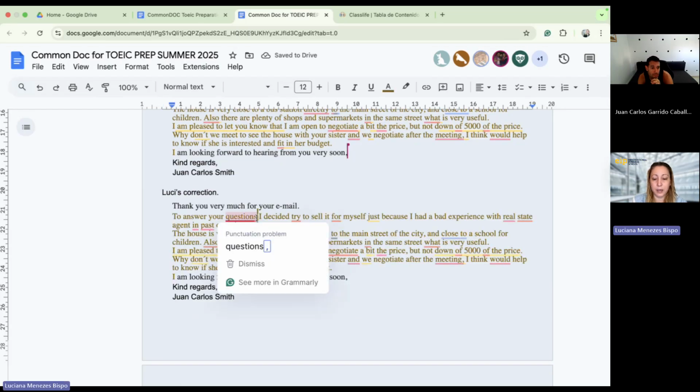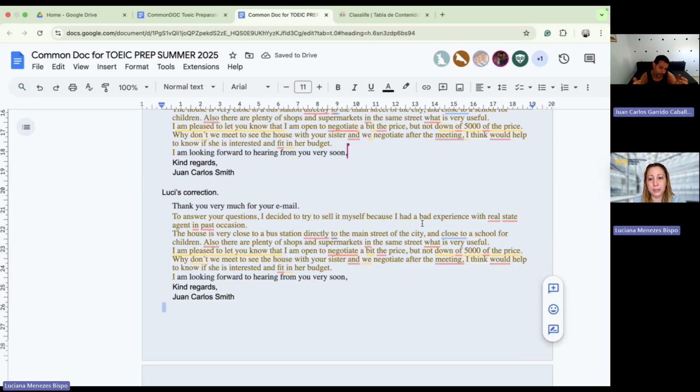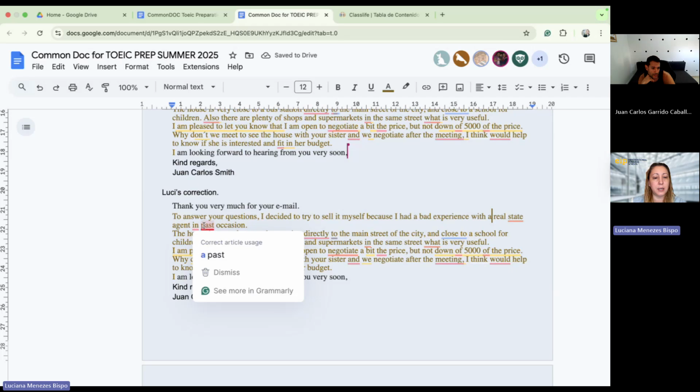Okay, I agree. I decided to try to sell it myself. I don't think you need the preposition. Just because, okay, this is Spanish. Solo porque, right? Because I had a bad experience with a real estate agent.